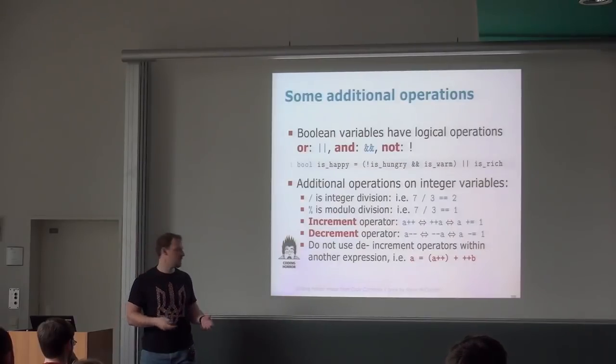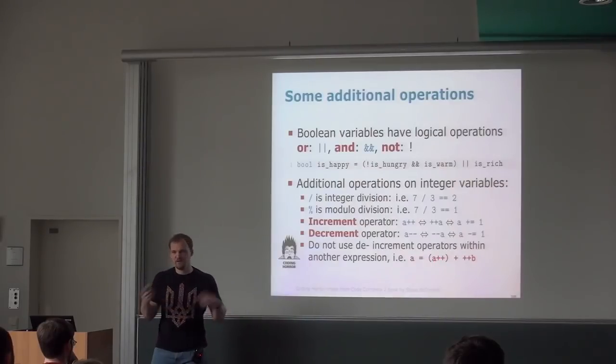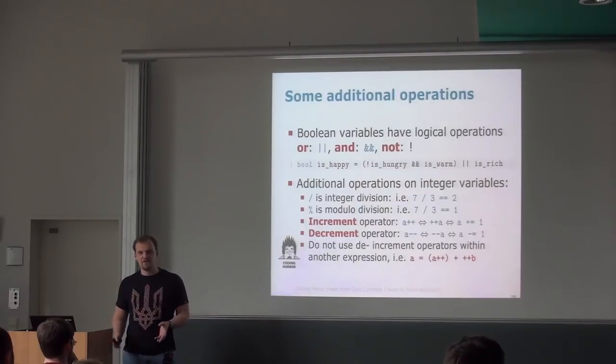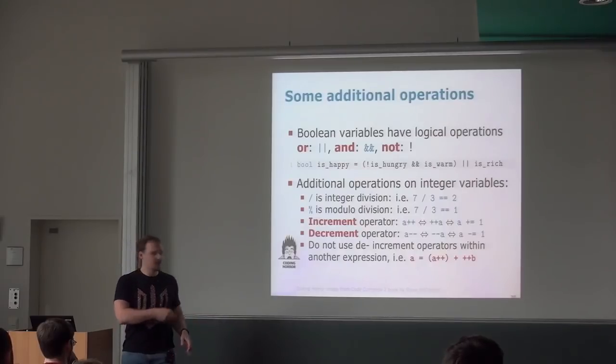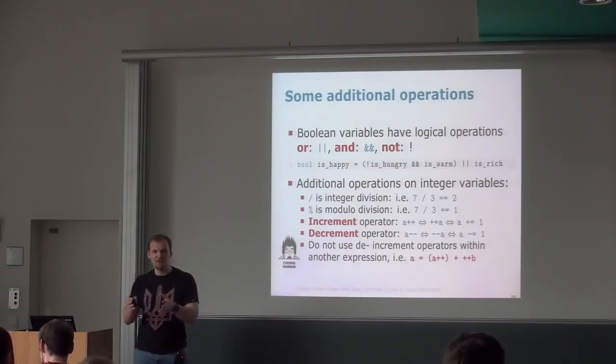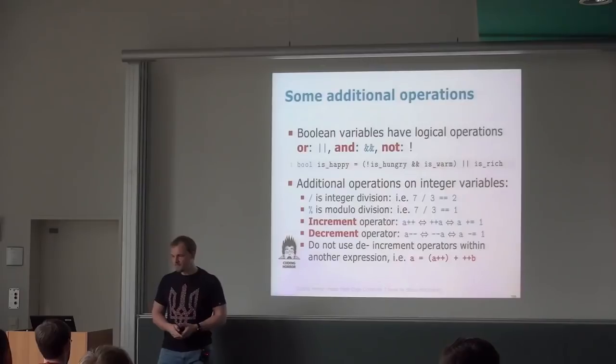This one will first update B and then return a value, and this one will first return a value and then update A. It gets really confusing, and it's not needed for modern programming. If you find a person who writes this code, punch them in the face. Don't work with them, and just explain to them that they're wrong. Don't use this at all.